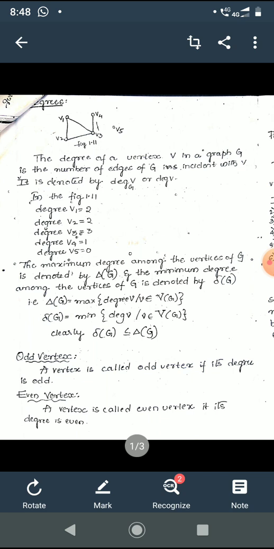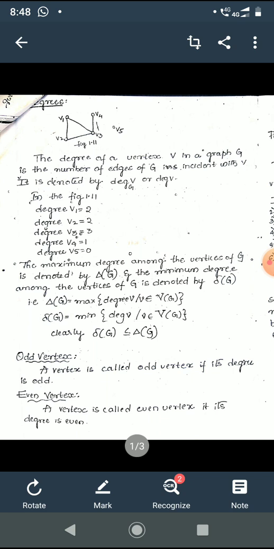Here, the maximum degree among the vertices of G is denoted by delta of G, and the minimum degree among the vertices of G is denoted by del of G. That is, delta of G is equal to the maximum of degree of v, where small v belongs to capital V of G, and V of G is the set of vertices of graph G. Del of G is equal to the minimum of degree of v, where small v belongs to capital V of G. Clearly, minimum degree is always less than or equal to maximum degree.